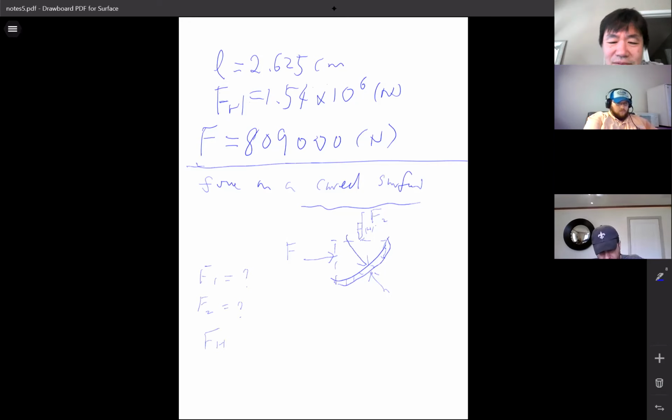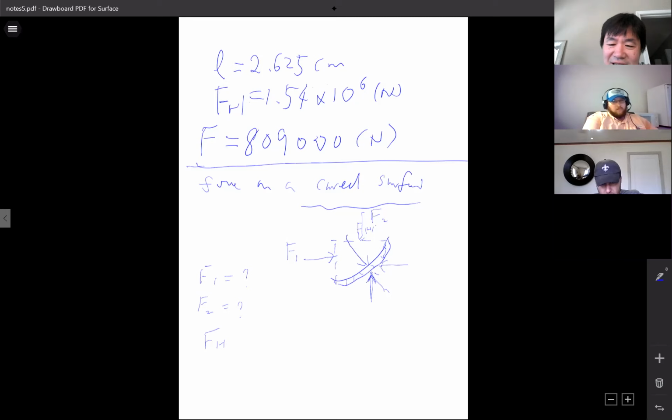So what is F1? This is F1. My supporting force here, I can separate into two components, to match F1 and F2, the horizontal and the vertical force.